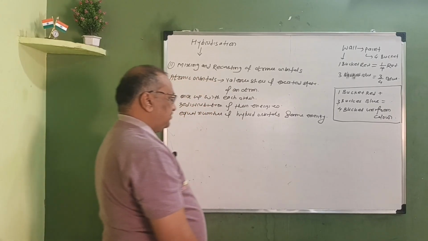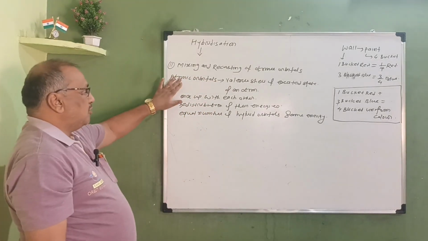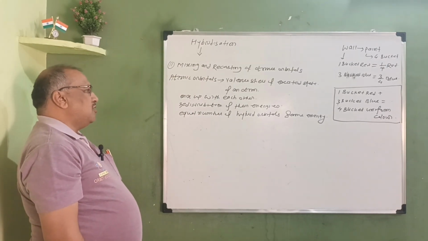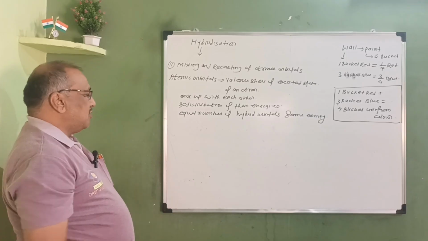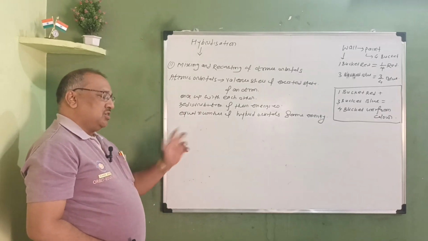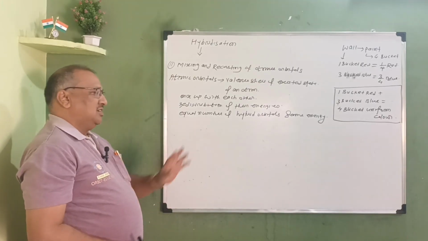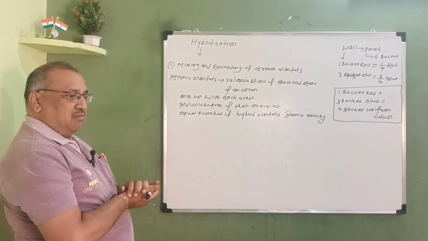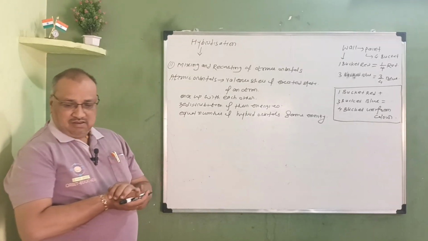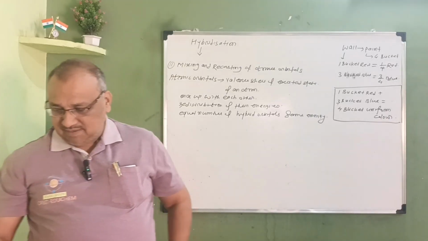Listen here. Atomic orbitals belonging to the valence shell of an excited state of an atom mix up with each other and redistribution of their energies takes place to form an equal number of hybrid orbitals of same energy.